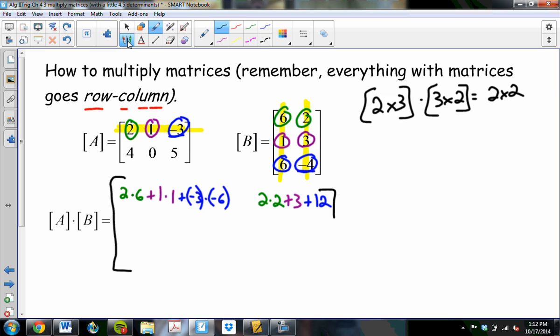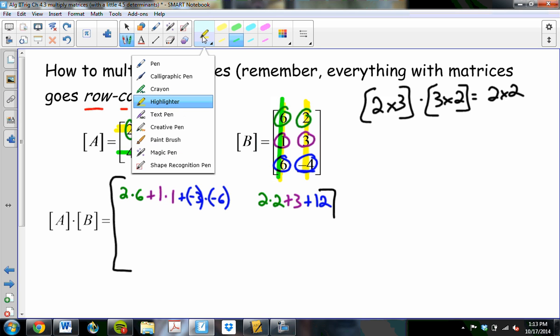Next, I'm going to do the other row. I'm going to do this row here onto this column here. I think I'll probably stick with the same colors.